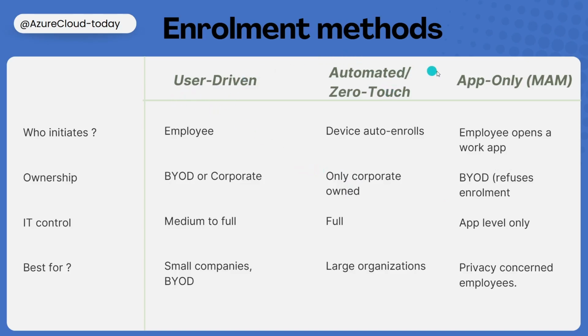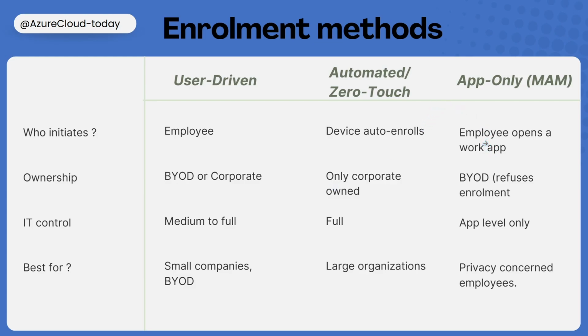User driven, automated, app only. You can think that in user enrollment, the employee does the work of downloading the Company Portal and then enrolling the device themselves. Corporate owned is configured with automated device enrollment, due to which the device enrolls itself automatically when the employee signs in.